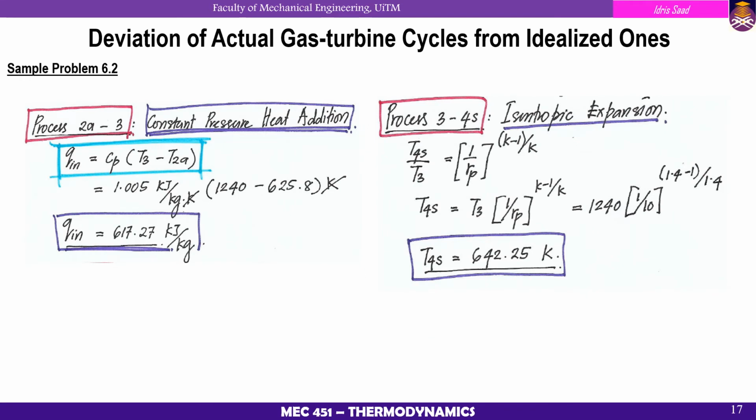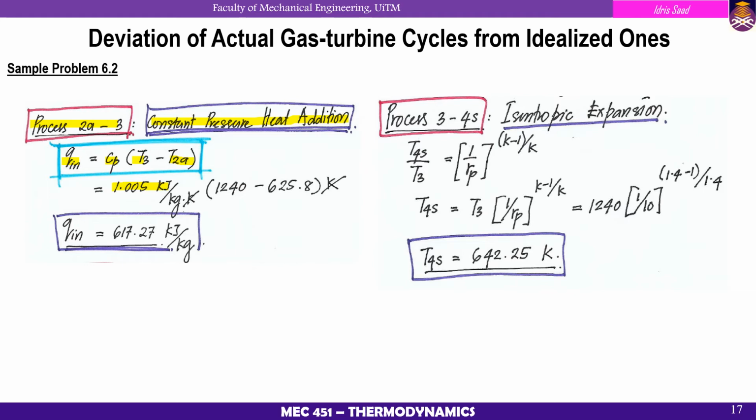Then we can proceed to the process 2A to 3. So this is basically the constant pressure heat addition process. We know that the equation is very simple. Q in is equal to Cp (T3 minus T2A). We know that Cp is equal to 1.005 kilojoule per kilogram Kelvin.